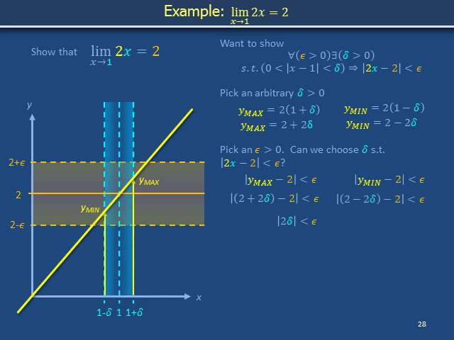The absolute value of 2 minus 2 delta, that quantity minus 2, needs to be less than epsilon. In other words, we are requiring that the absolute value of negative 2 delta be less than epsilon. Both conditions correspond to the condition that 2 delta be less than epsilon, in other words, that delta be less than epsilon divided by 2.